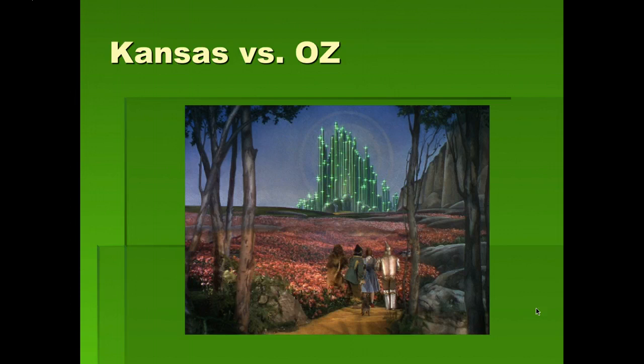Kansas represents the dull present. But when Dorothy crosses over, out of her home, into the world of Oz, it's in brilliant Technicolor. Oz represents the beautiful world that's possible if only we elect a populist president.